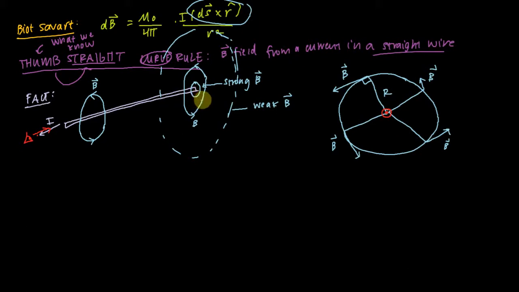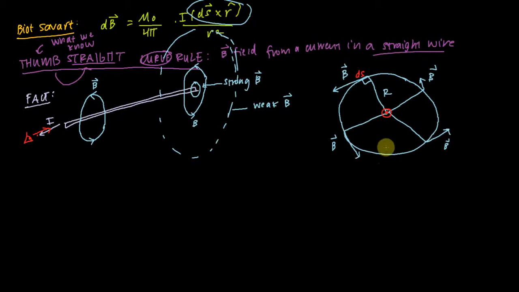So this is how we utilize the Biot-Savart law. So remember, here's that law right here, and it has this cross product. Well, if I wanted to figure out the cross product every single time using ds cross r, I'm going to be doing this for a very long time, because the magnetic field is going in a circle, right?